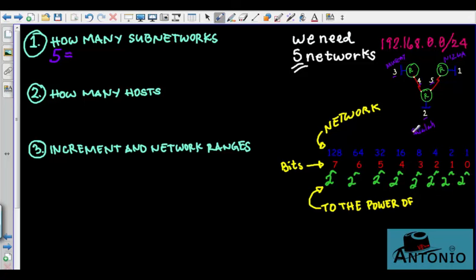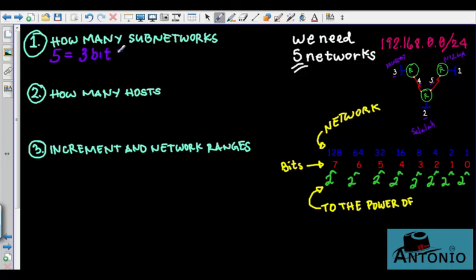So 1 is bigger than 5? No. 2 is bigger than 5? Of course not. 4 is bigger than 5? No. 8 is bigger than 5? Yes, it is. So below you can see the equivalent bits is 3. So 5 is equal to 3 bits.